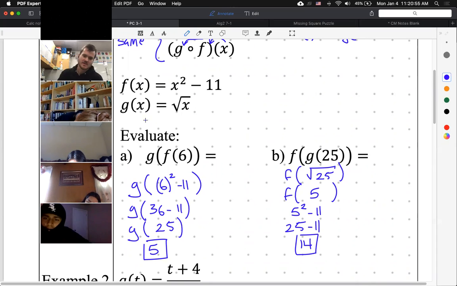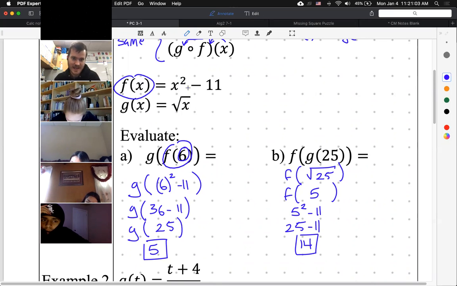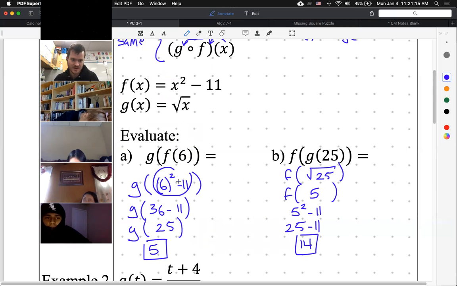So whenever you see f of 6, this just means plug 6 into the function f. So this is the function f. Wherever you see any variable, replace that variable with this input 6. So you just replace the x with 6? Yeah, exactly. So that's what we did right here. So you can see inside here, it used to be x squared minus 11. Now it's 6 squared minus 11.